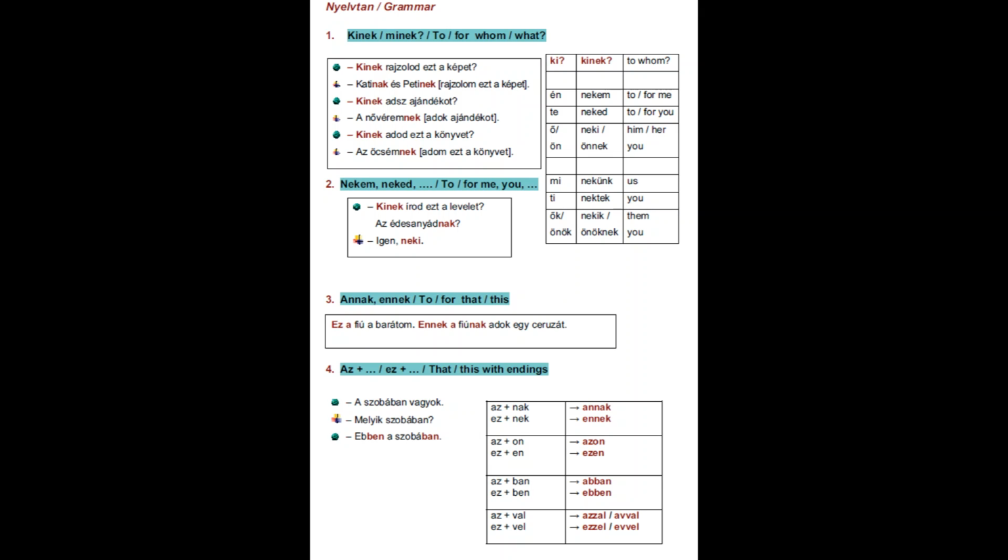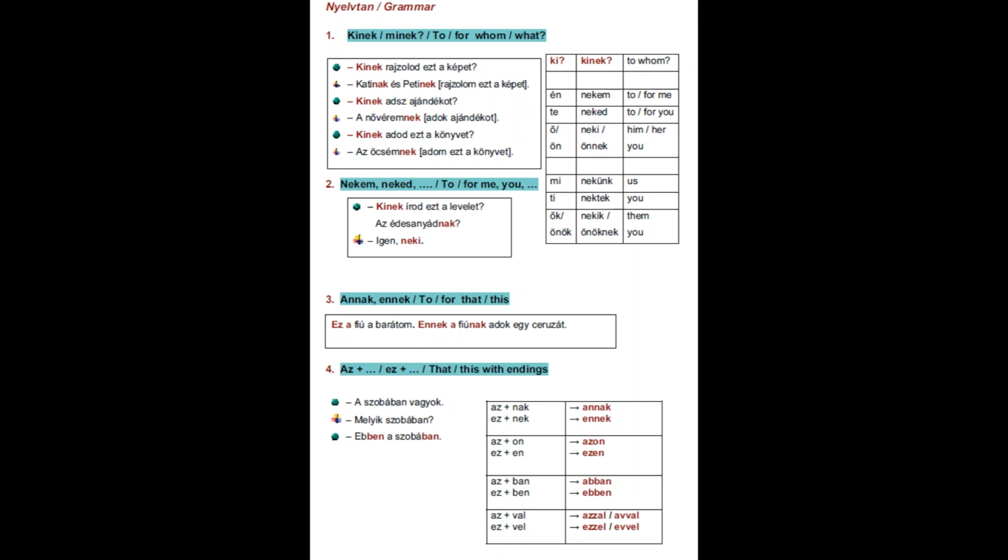Who got the pencil? Who gave it and who got it? Ennek a fiúnak adok egy ceruzát. Adok is I give. Adok. All right? I give a pencil. Adok egy ceruzát.